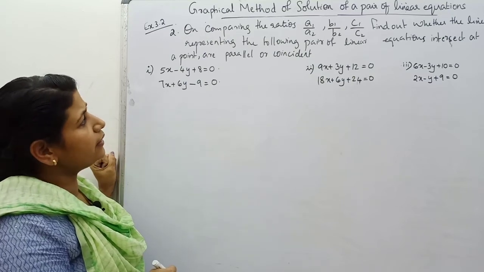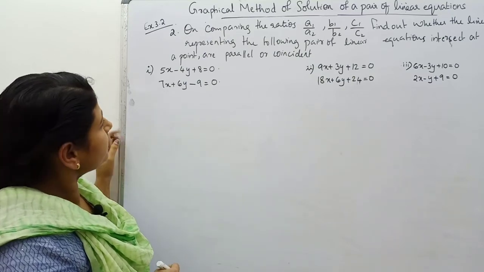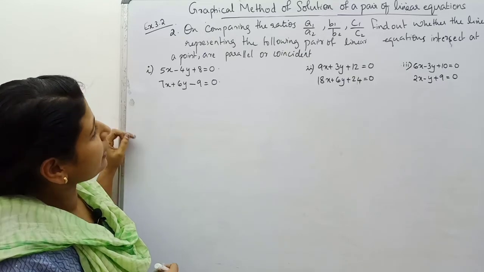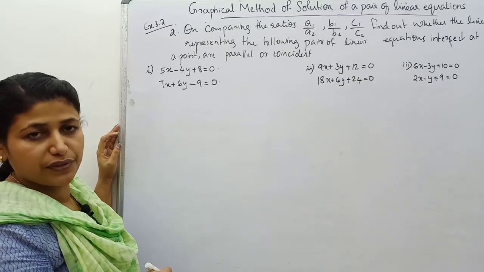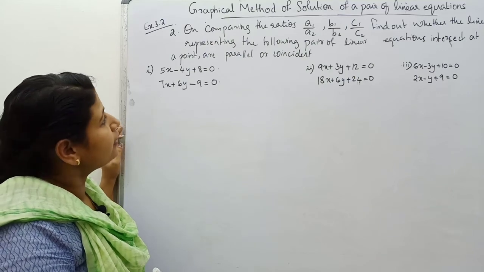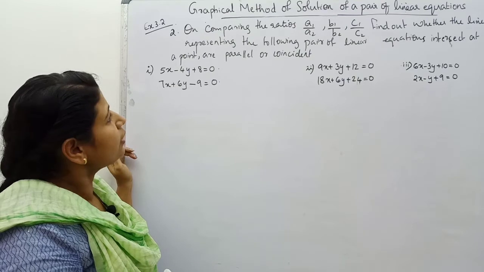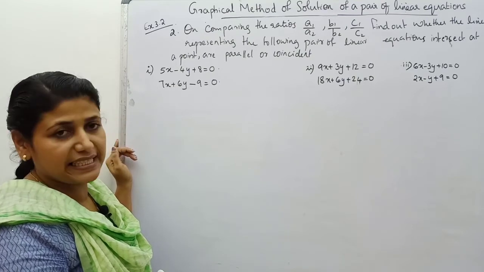Second question, 3 pairs of linear equations are given. You have to check by comparing the ratios of the coefficients of x and y. You have to check whether they are parallel, coincident, or intersecting at a point.